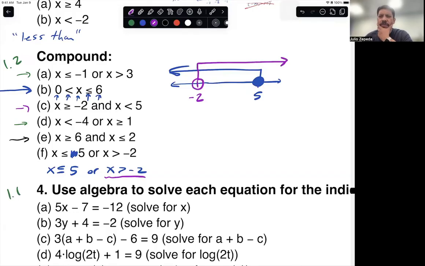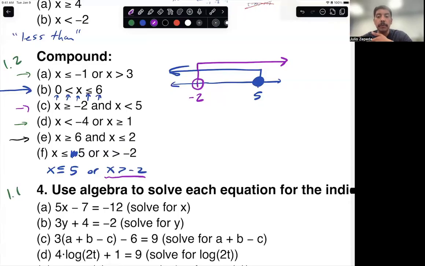So what is the solution set here? At any point, feel free to pause the video, try to write down an answer, what you think it might be, and then unpause the video to see if you're correct. Remember that for an or statement, we only need to satisfy a minimum of one of the inequalities.